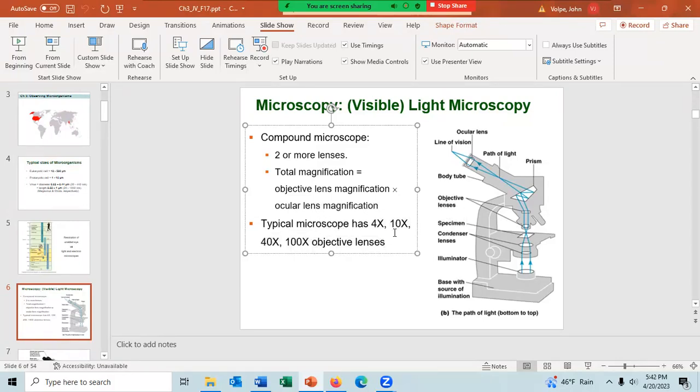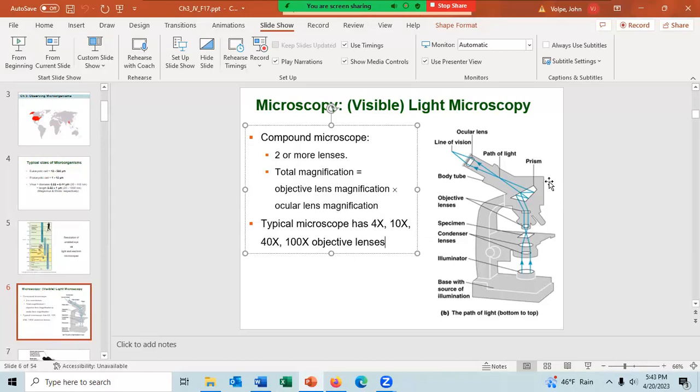The 10x lens is called the low power objective lens. The 40x lens is called the high power objective lens. And the 100x lens is called the oil immersion lens. Note that the low power is not the lowest, and then the high power is not the highest. And that's kind of why I don't like using those terms. All right, any question about any of that?